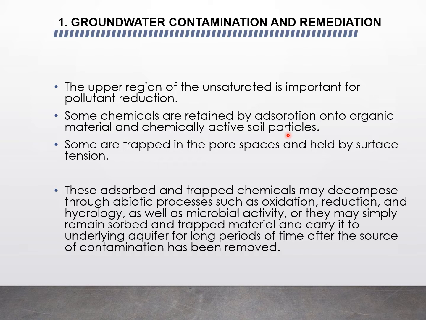Compared to water, water will flow the contaminants, but soil contains the contaminants, and some are trapped in the pore space and held by surface tension. These absorbed and trapped chemicals may decompose through abiotic processes such as oxidation, reduction, and hydrolysis. The process is very complicated.